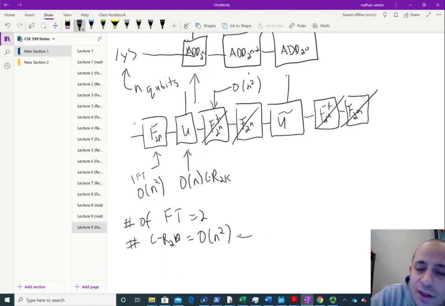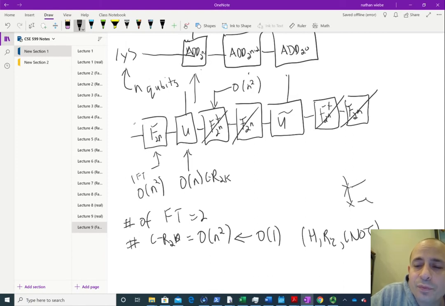Okay, each of these can be decomposed into order 1 fundamental gates, as in Hadamard, RZ, and CNOT. And we showed that before, remember, with the controlled swap trick. Okay, so using that construction, we can implement this using order n squared operations.